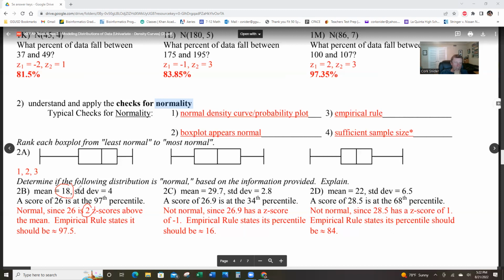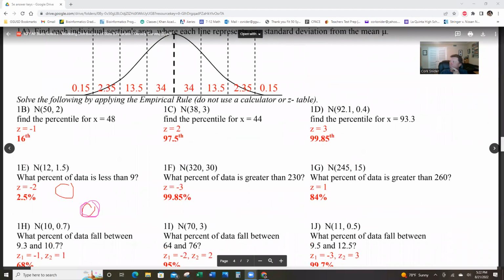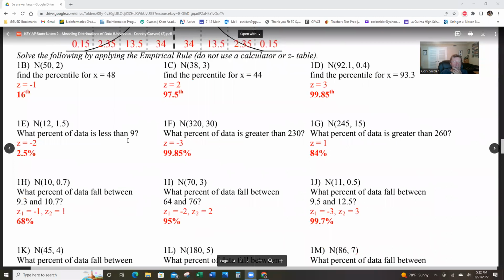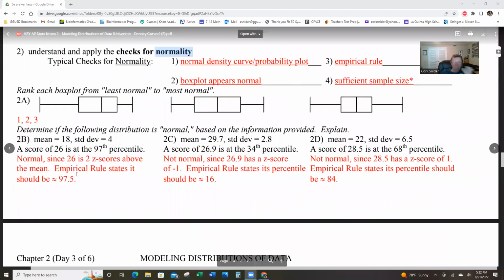That I have circled right there. The z-score is 2, okay? And let me slide back up here real quick. If a z-score is 2, that's about the 97th percentile, 97th, 98th. So if that's the only information that you had, then yeah, you'd be able to say it could be normal. I don't think it proves it's normal, but it could be normal based on that's all you have, okay?